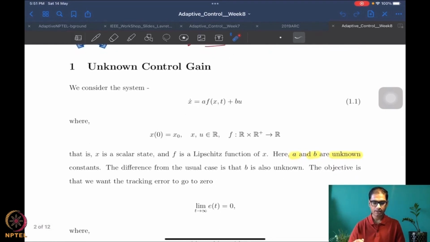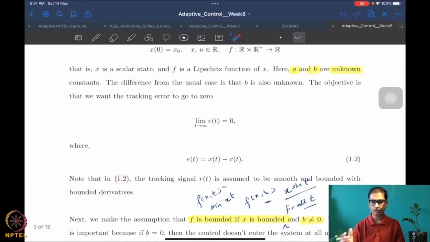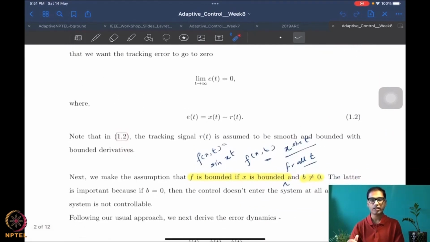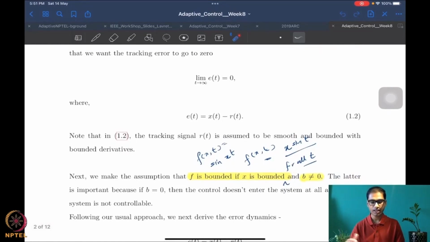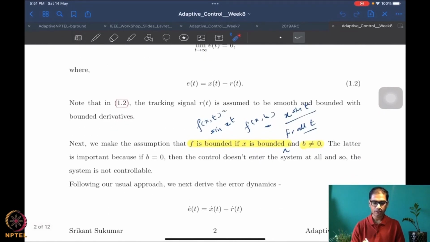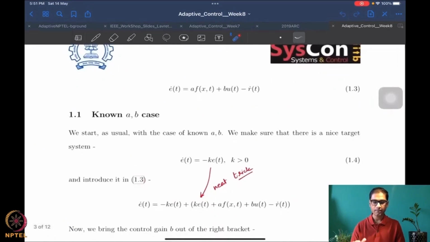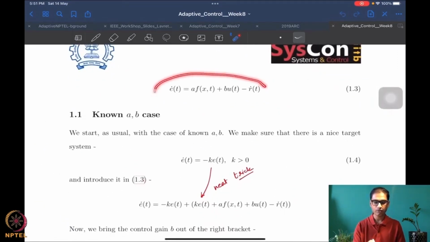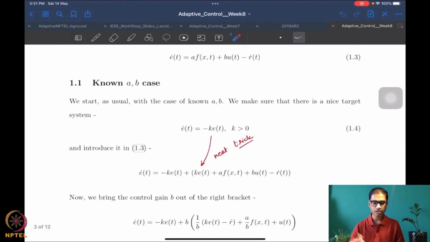We of course had the usual tracking objective, and then we made some pretty reasonable assumptions on the boundedness of the function f, and b being non-zero, which essentially translates to controllability of the system. With the error dynamics in place in the form of equation 1.3 here, we started to do our design.